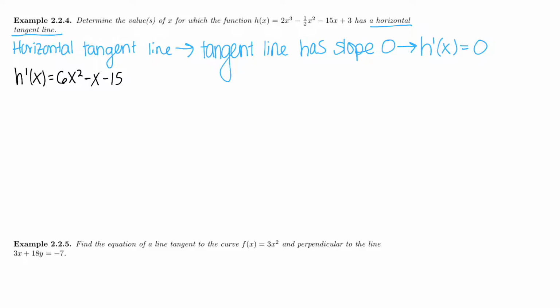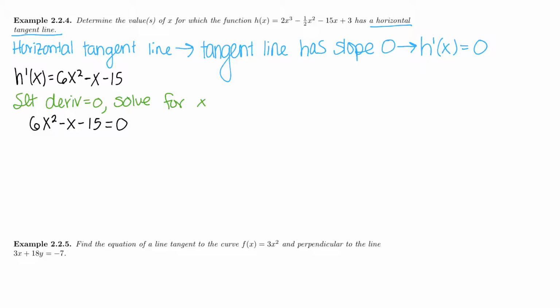Now we want to set the derivative equal to 0 and solve for x. So we have 6x squared minus x minus 15 equal to 0.